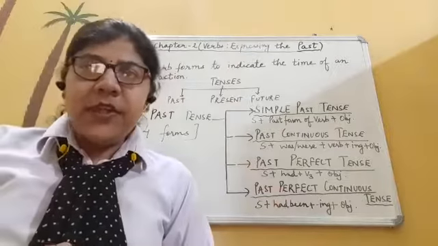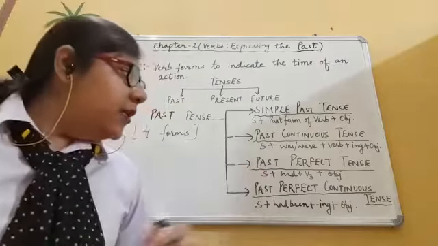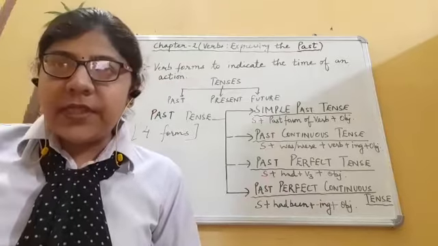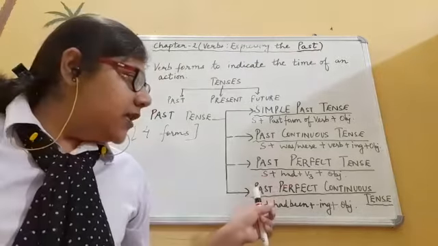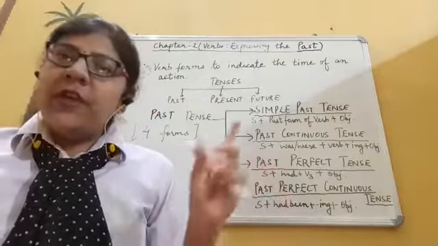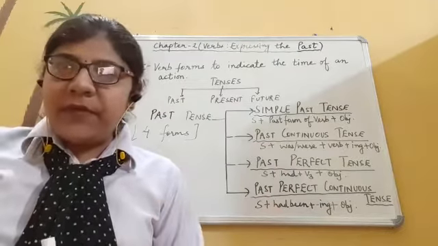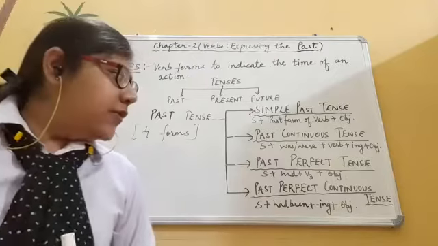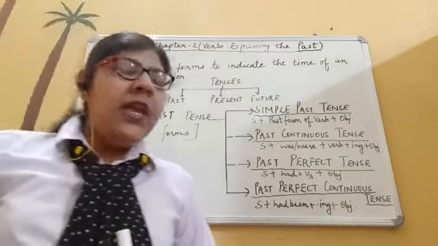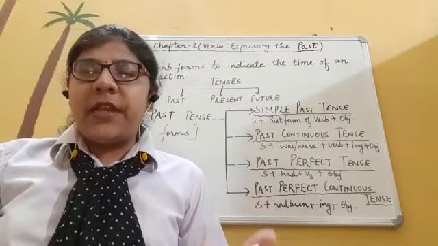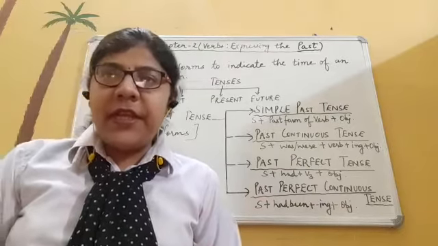Come to the next one, that is the last, past perfect continuous tense. Past perfect continuous tense means again the action which started in the past and it was going on at the time of speaking, and it may continue in the future also, or it may have recently been completed.